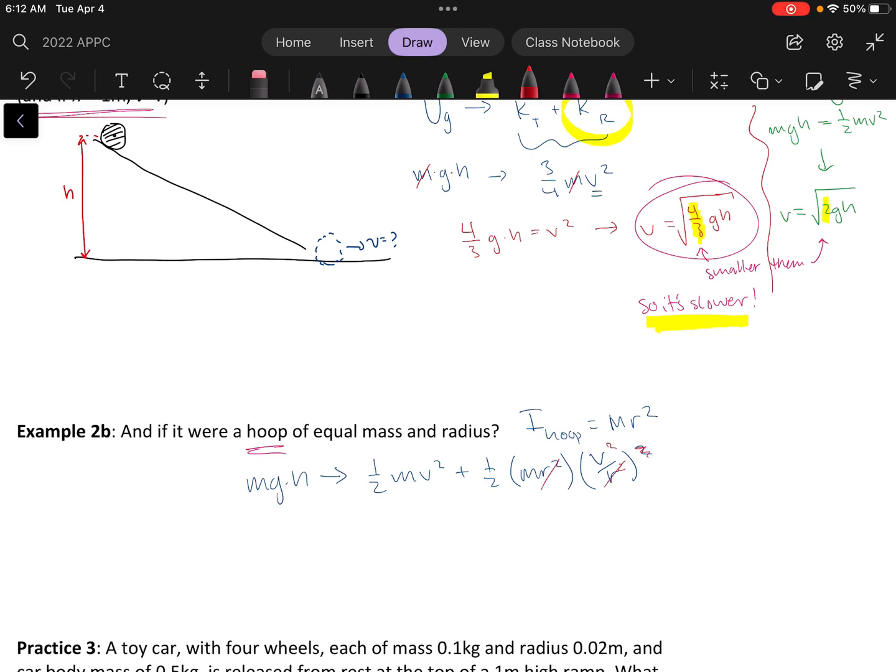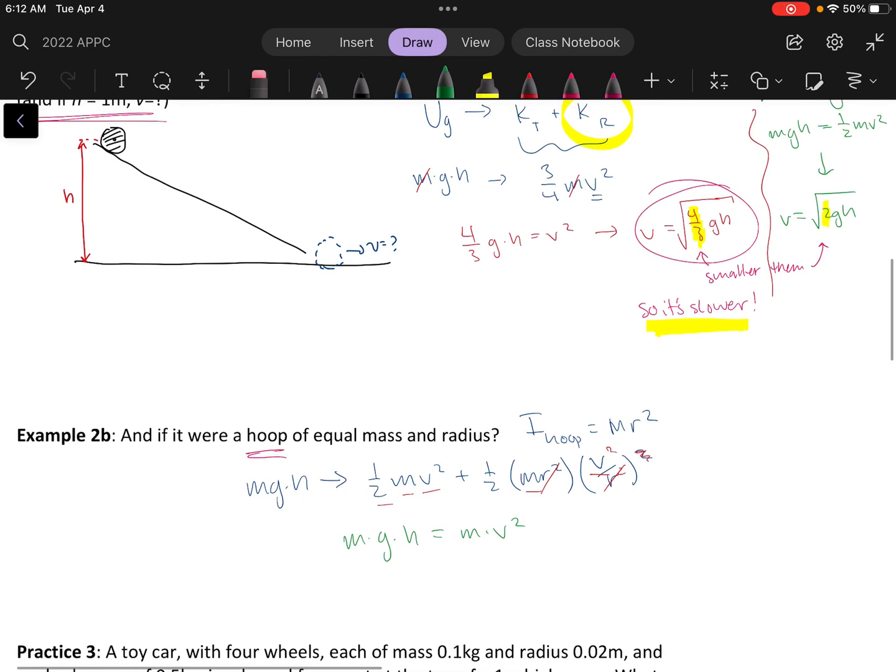The r squareds will cancel, and I've got 1/2 mv squared again. And if I add that to 1/2 mv squared, I just get mv squared. So m times g times h would be equal to m times v squared. M's cancel, and then the v would be equal to square root of gh.